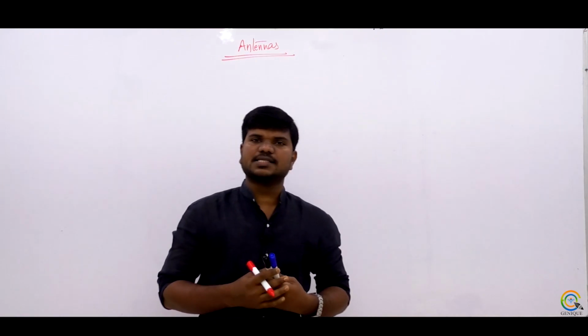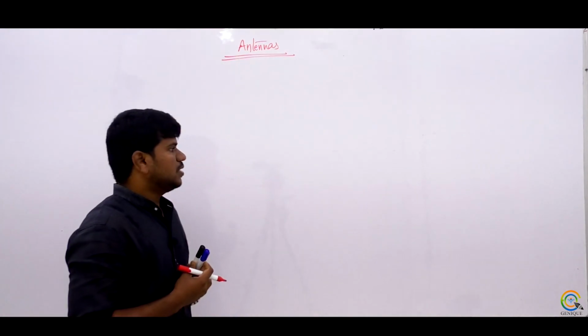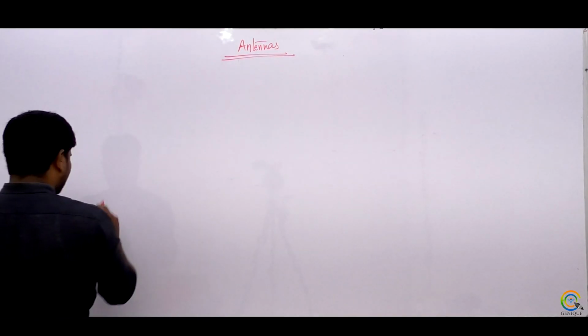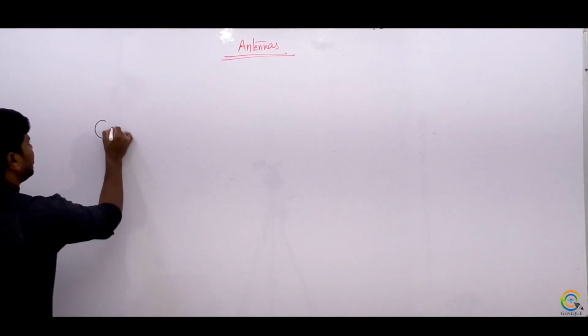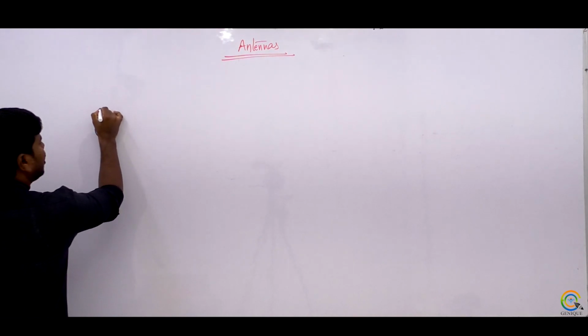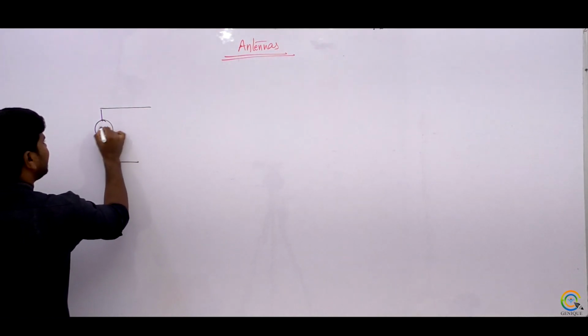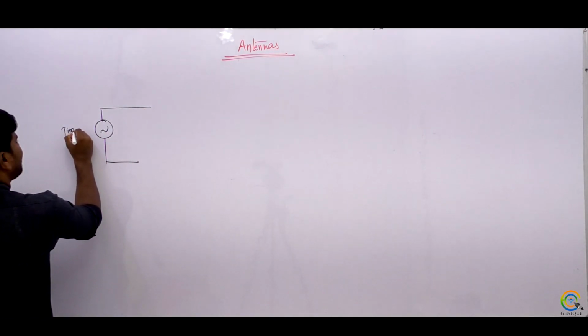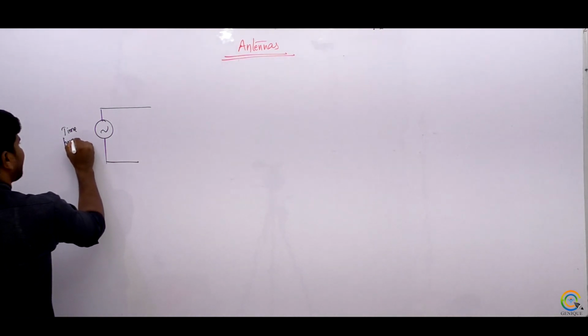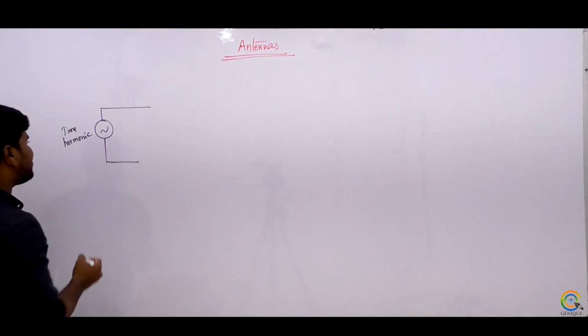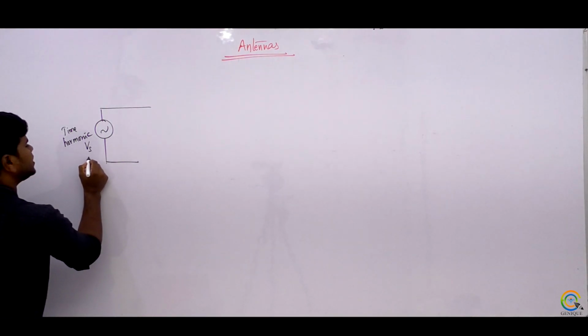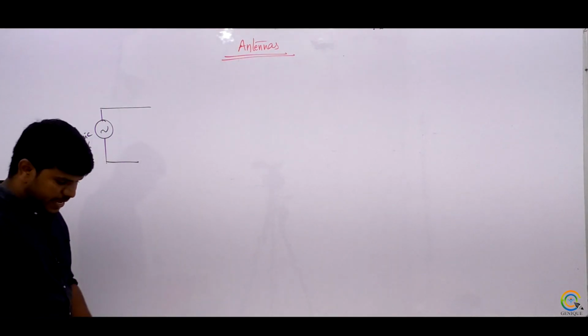So how is this antenna constructed? Suppose you take any transmission line like this. It is a time harmonic source consisting of voltages and currents VS, IS.